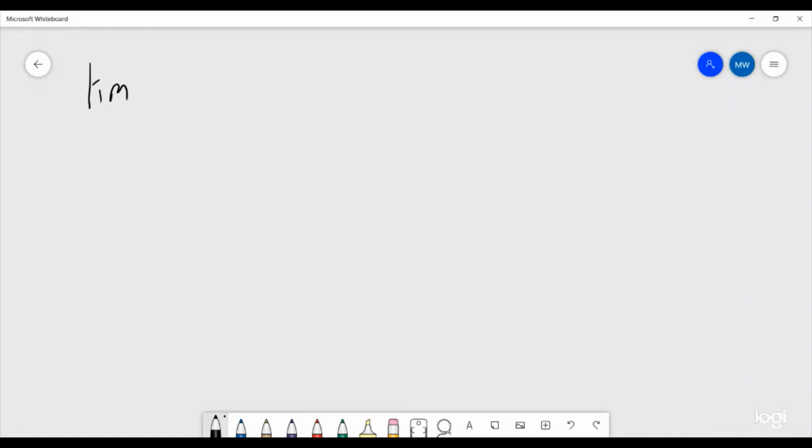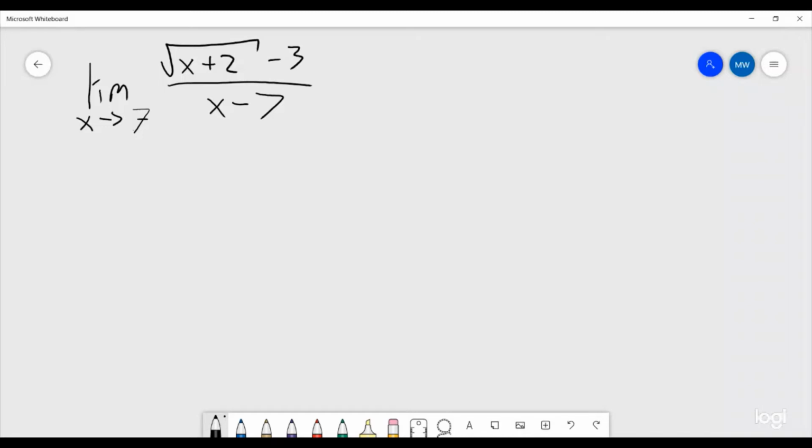When we have a limit, let's say we are doing the limit as x approaches 7 of the square root of x plus 2 minus 3, all over x minus 7.